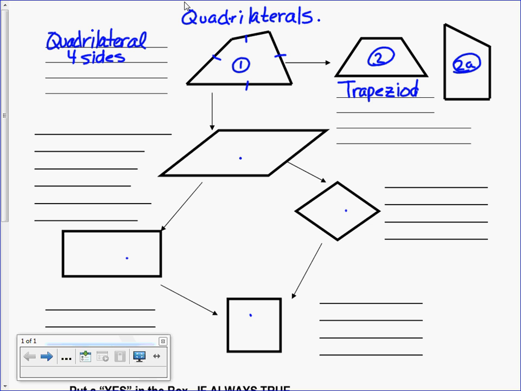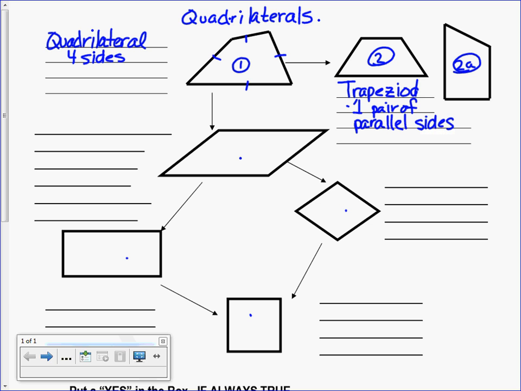They're still a quadrilateral because they have 4 sides, but the only difference about a trapezoid is it has one distinct characteristic, and that is that it has only one pair of parallel sides. And that's all we can really say.